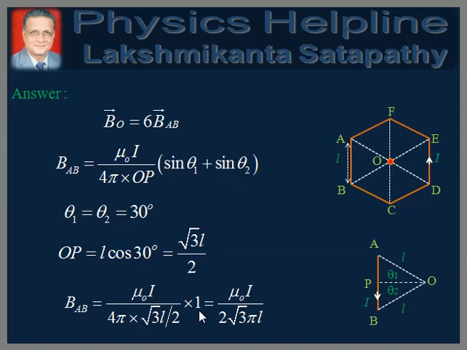Now this 2 gets cancelled with 4 to give us 2, so 2π into root 3 L in the denominator and μ0 I in the numerator, which gives us B_AB = μ0 I / (2 root 3 π L).